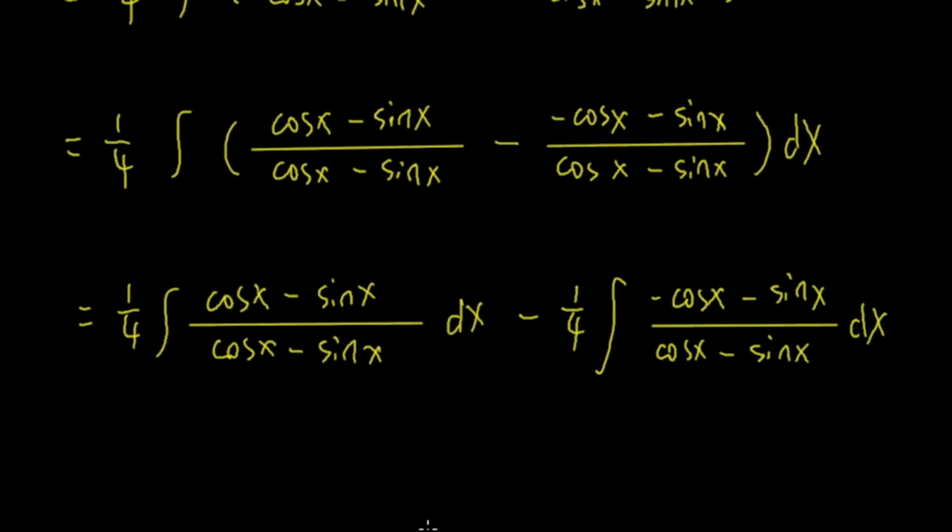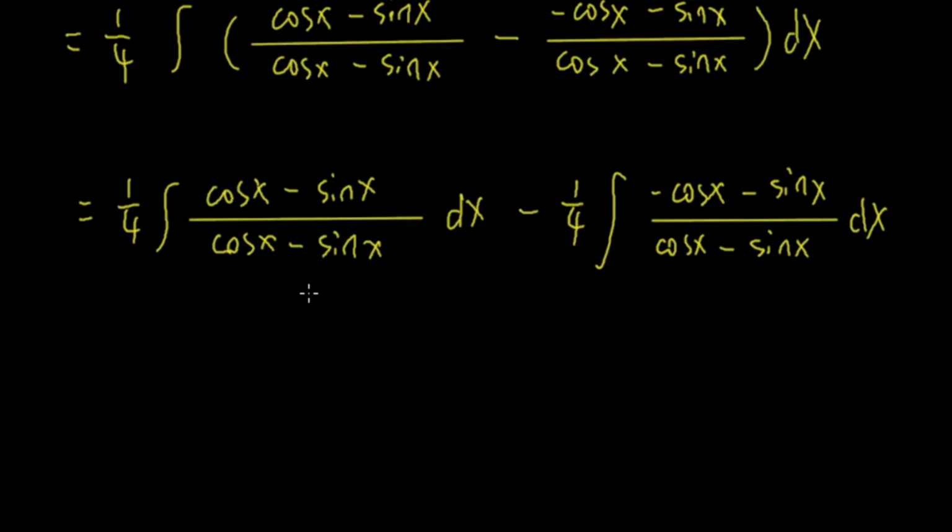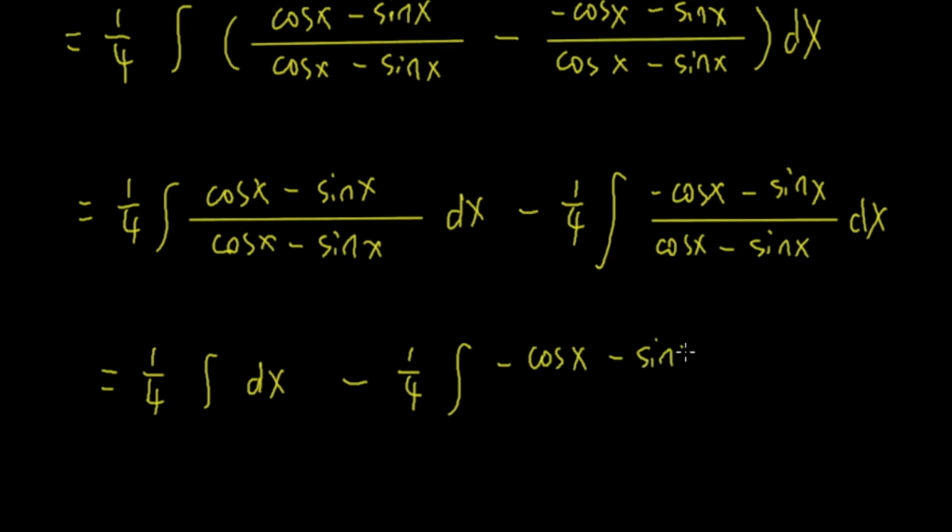Okay, now this is just equal to 1. So that is 1 over 4 integral of 1 times dx, which is dx. Now minus this 1 over 4 integral of minus cosine x minus sine x all divided by cosine x minus sine x dx.